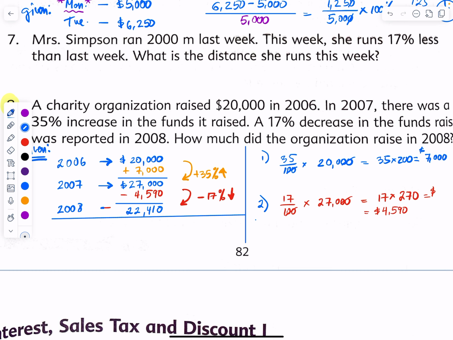So my friends, the final answer, in 2008, they raised $22,410. $22,410 raised. I hope you found this problem interesting, both of them.